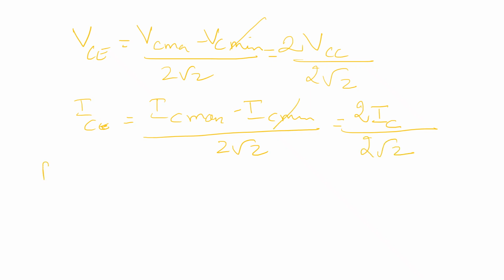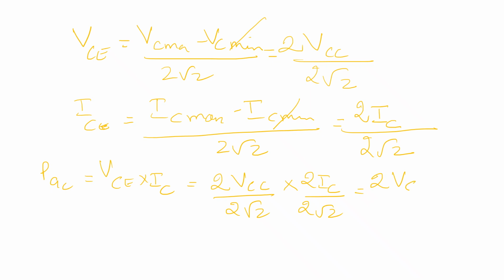So calculating the AC output power, PAC is equal to VCE into collector current, which is 2 times VCC divided by 2 root 2, into 2IC divided by 2 root 2, which is equal to 2VCC into 2IC divided by 8.